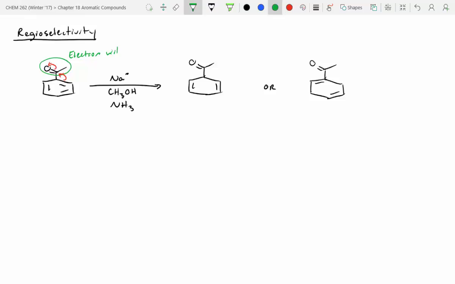Okay, I'm going to just erase these arrows for right now. So we've identified our substituent as electron withdrawing. The next thing I do after that is look at the carbon where that group is attached.